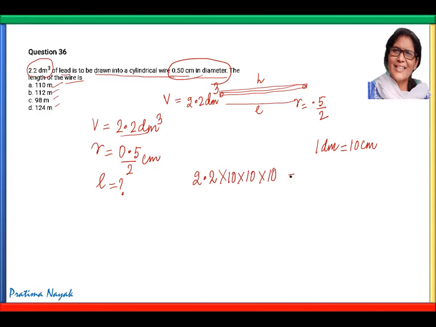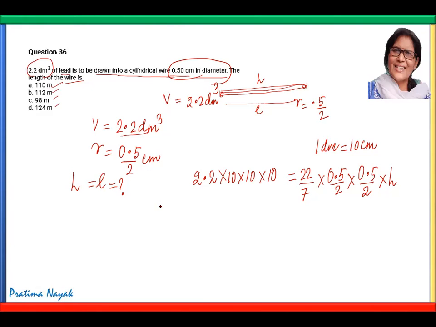This volume is equal to pi, 22 by 7, r square, 0.5 by 2. I'm writing all the things in centimeter, 0.5 by 2 into your height L. So this is the expression.